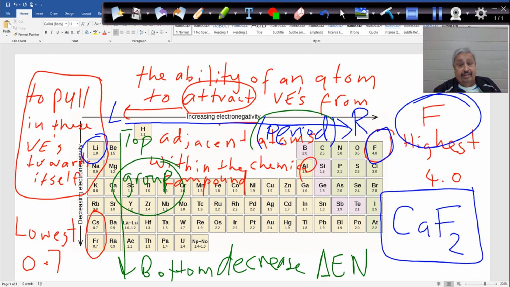Within the period, from left to right, electronegativity increases and the atomic radius decreases. Atomic radius from top to bottom will increase, but electronegativity will decrease. Correct? Now, we'll come back to this and you tell me which one we'll put in the middle of the Lewis dot structure, and which one we'll put at the edge.